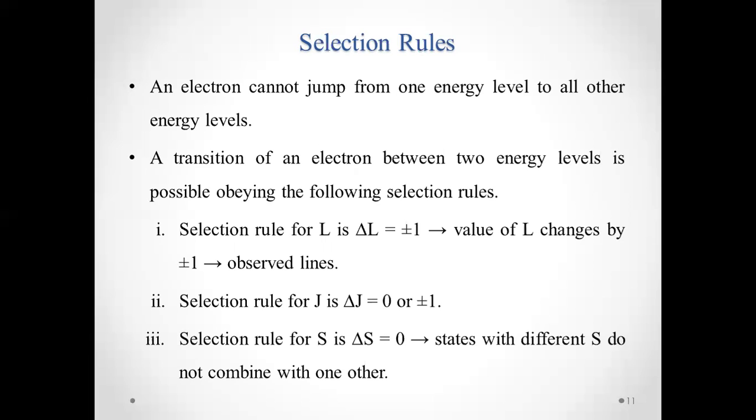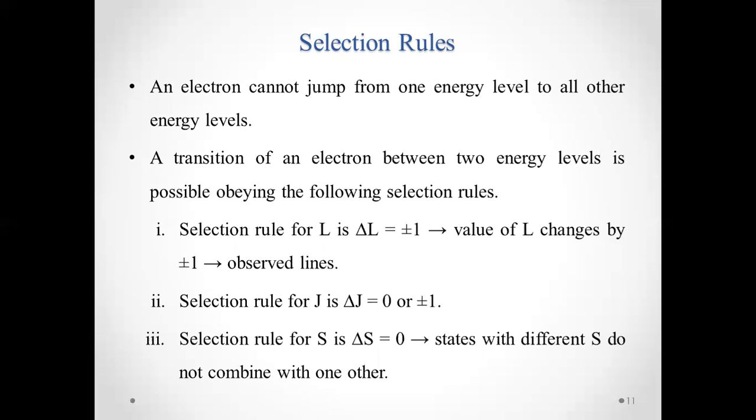Coming to the selection rules. An electron cannot jump from one energy level to all other energy levels. A transition of an electron between two energy levels is possible obeying the following selection rules.